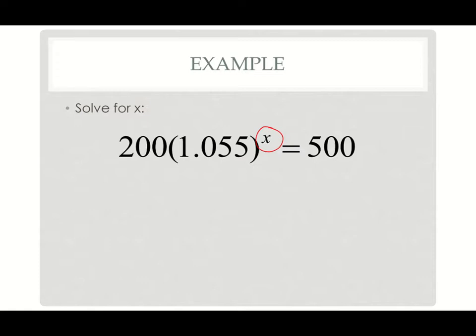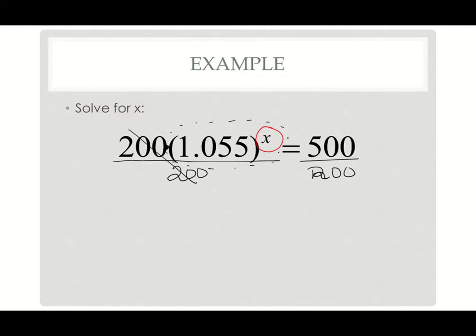But the first thing we have to do is get this exponential by itself. Right now we've got a 200 out front, so we have to move that. To get rid of that and move it to the other side, I have to divide by 200 on both sides.